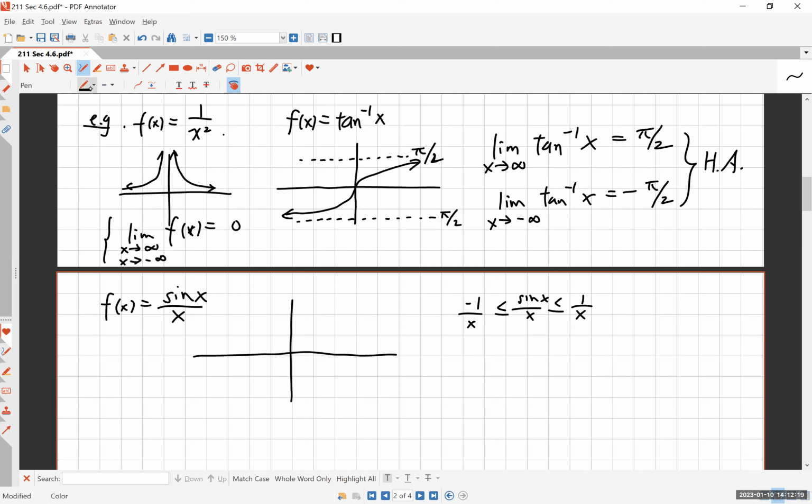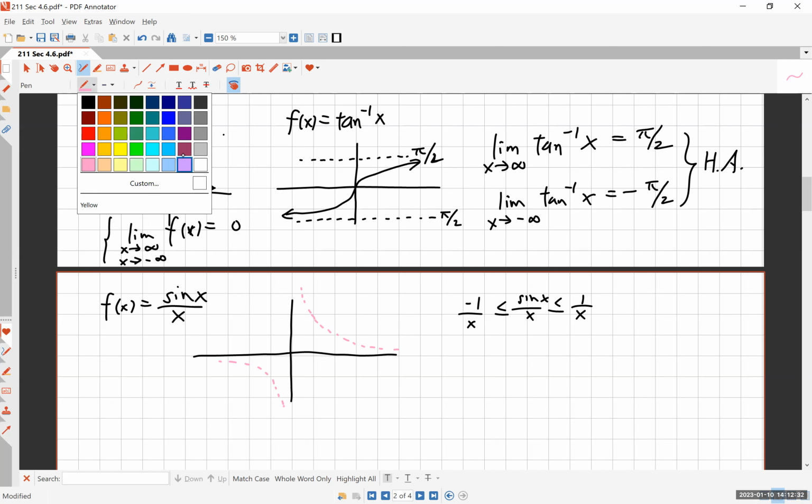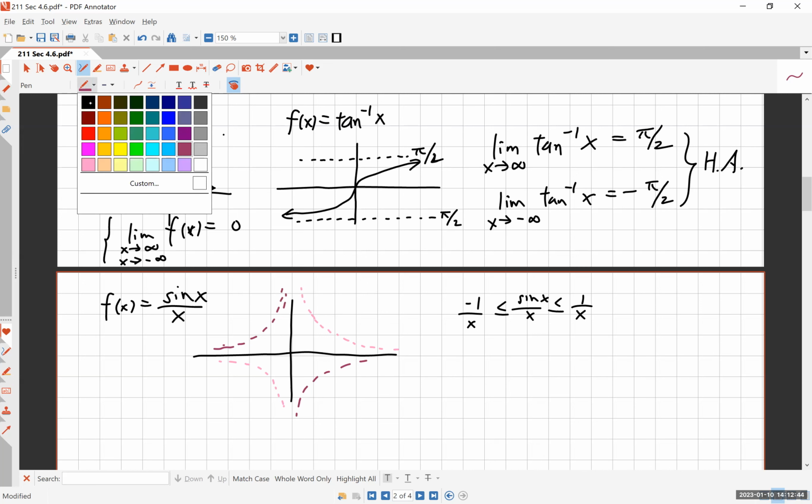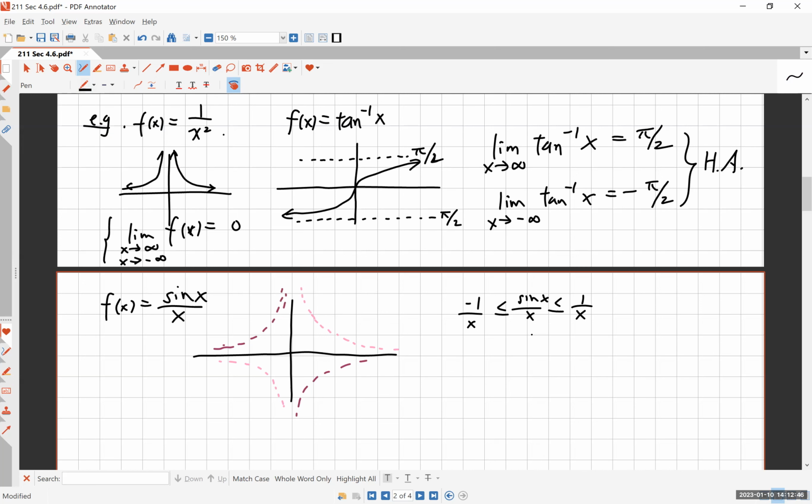Now, 1 over x, let's go ahead and draw this with a dotted line. 1 over x looks like this. Negative 1 over x is similar. It's supposed to be all symmetric here, so it looks like this. And sine of x over x is sandwiched between them.